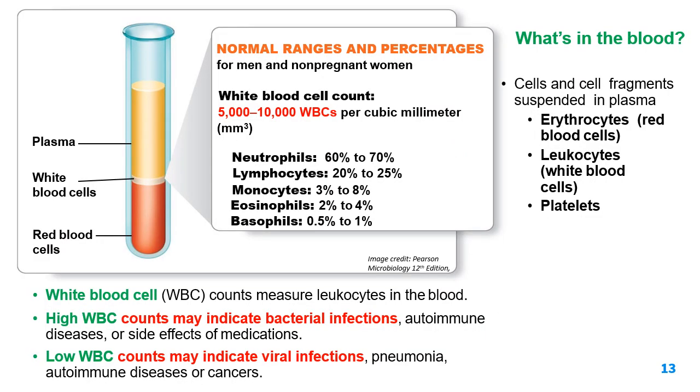All right, so here, big picture, what is in the blood? You put blood in a test tube, you centrifuge it, spin it down, and you're going to have separation of blood components. Here is the more dense part of the blood where you get your red blood cells. The proportion of red blood cells to the entire volume is what we call the hematocrit. Now, the liquidy part of the blood is the plasma.